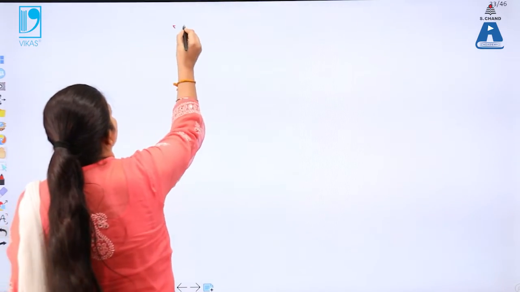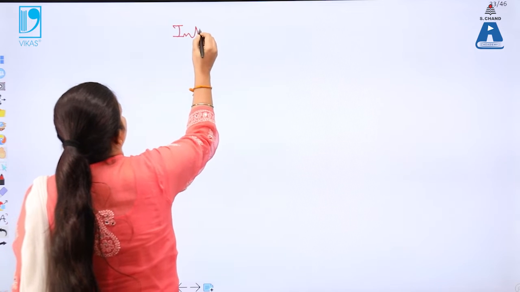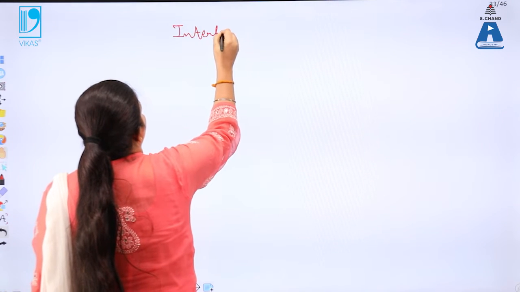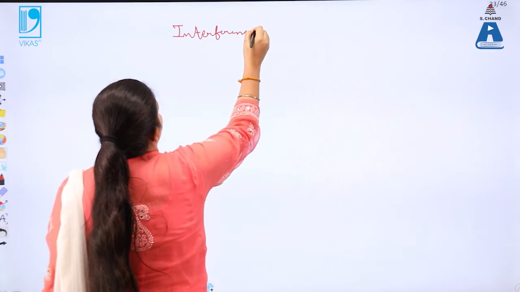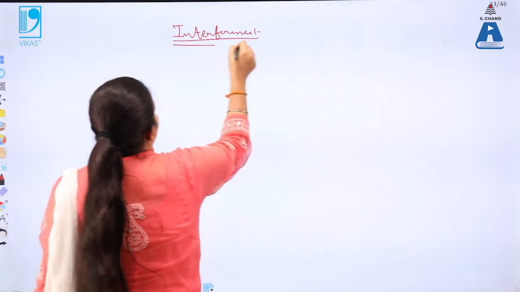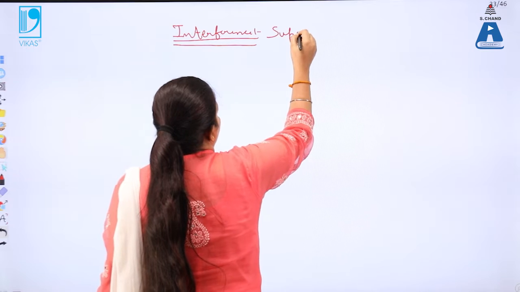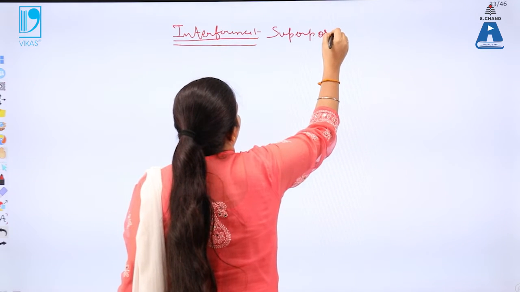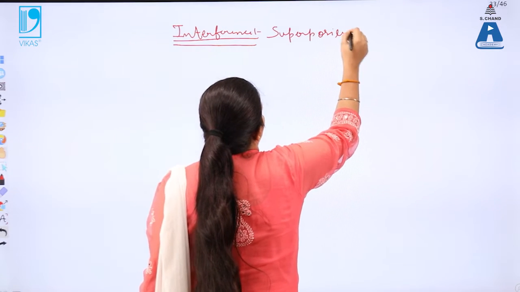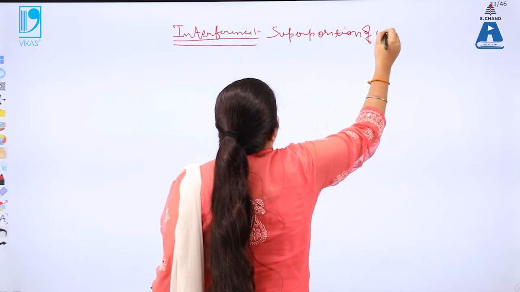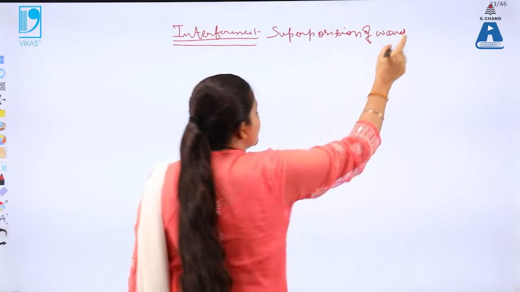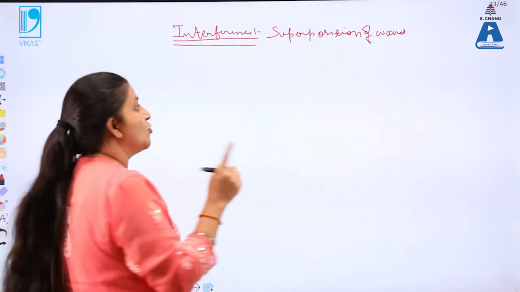Interference is basically superposition of waves. And what is the main condition for the waves to get superimposed?